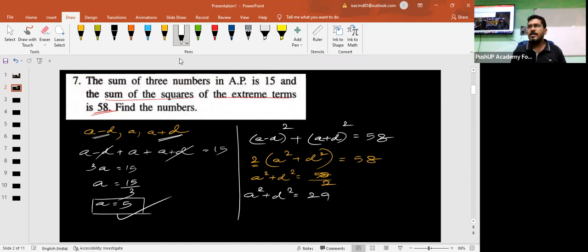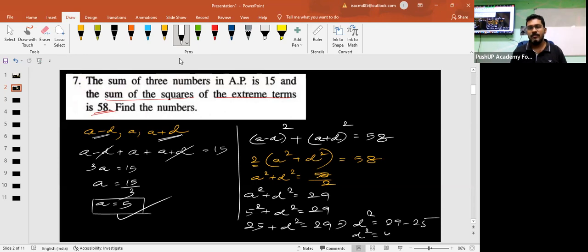You already know the value of A, so let's substitute it. 5 square plus D square is equal to 29. 5 square is 25, plus D square is equal to 29. So D square is equal to 29 minus 25, which is 4. It implies D is equal to plus or minus 2.